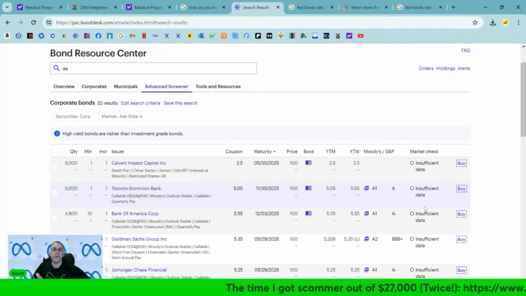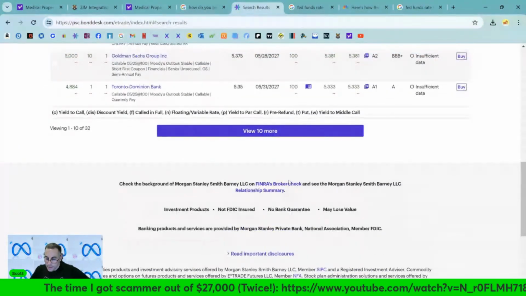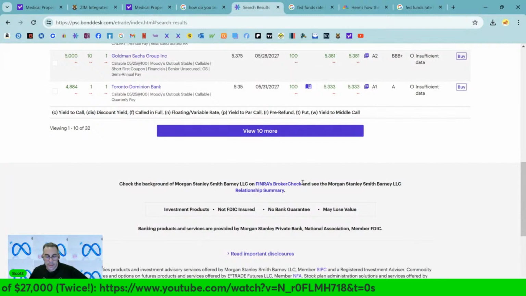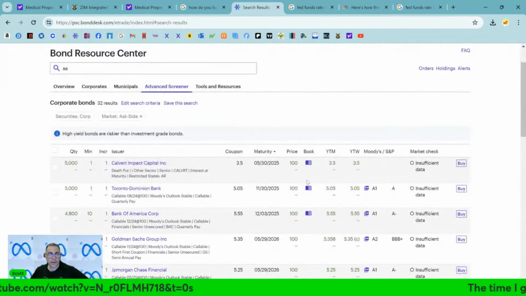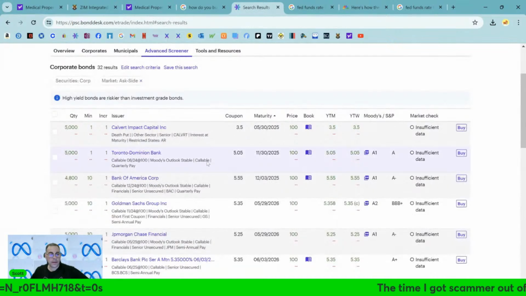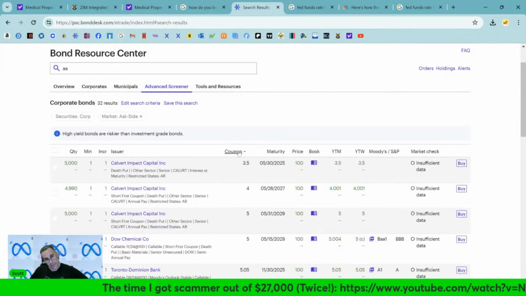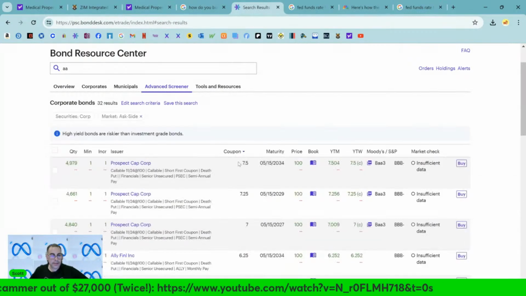There's only 32 bonds that I could buy. You need inflation-proof bonds. TIPS, right? Am I in 7.5% Prospect Cap Corp?